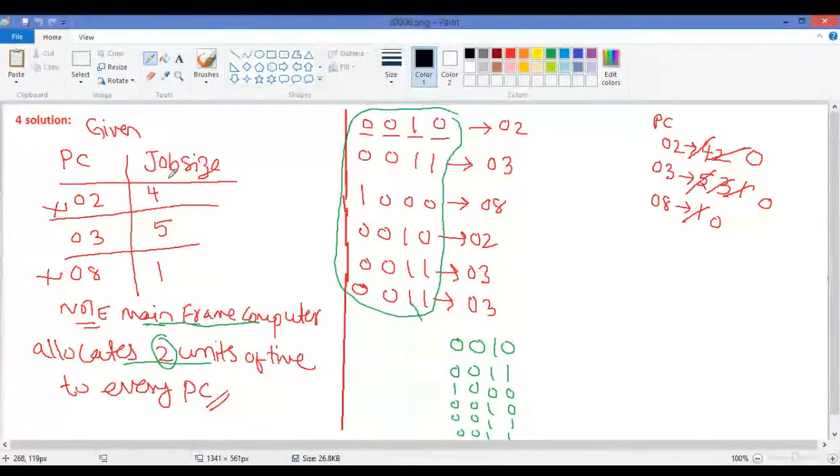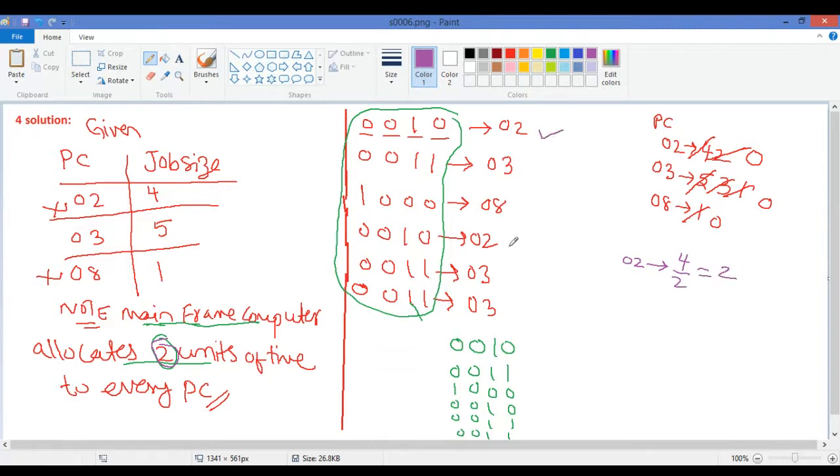See, I will just give you a summary, just for understanding. For PC2, job size is 4. But how much is the mainframe giving? 2 units of time. So you divide 4 by 2 and get 2.